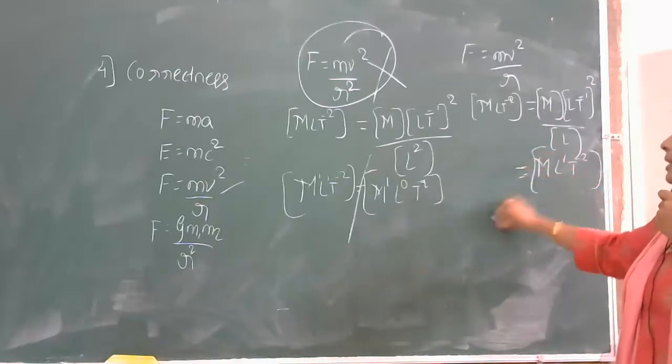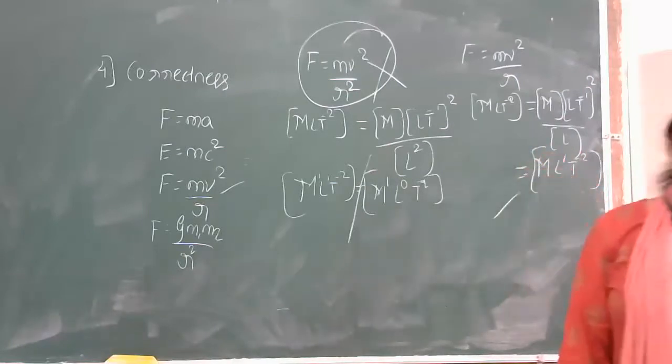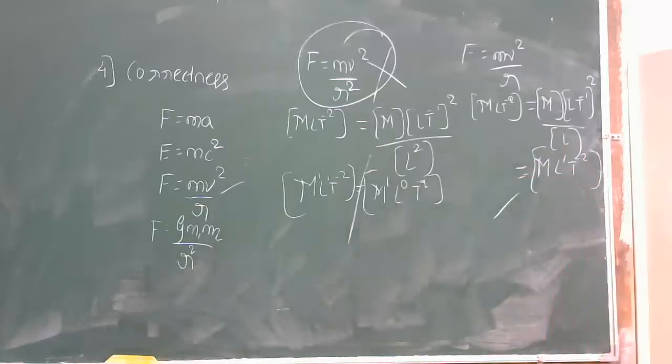So this is dimensionally correct. So by this, you can prove whether the given equation is right or not. Understood, students? Is it clear? Do you have any doubt?